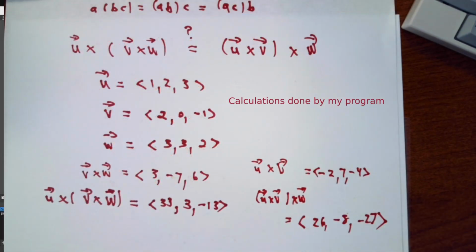So u cross v as a vector, then cross product with w, comes up to have components 26, negative 8, negative 27. This is not the same as that. Not only that, they are not negatives of each other.